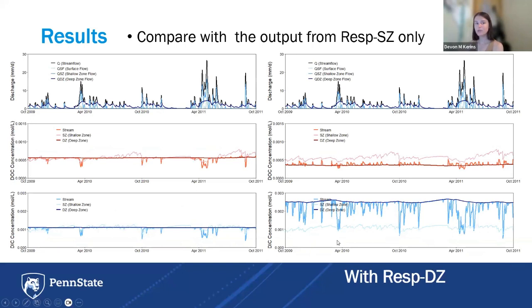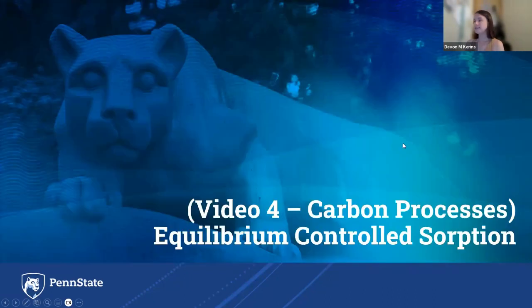So even though the reaction rate is so much lower, we can still see its impact on producing these distinct dissolved carbon stream dynamics. And that's the end of video 3 of implementing deep zone respiration.